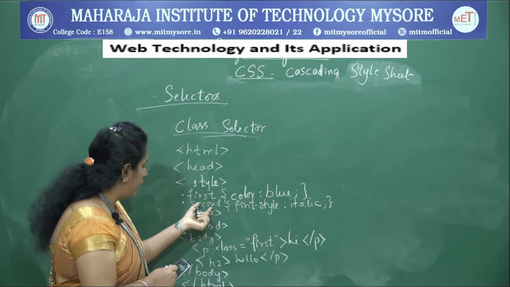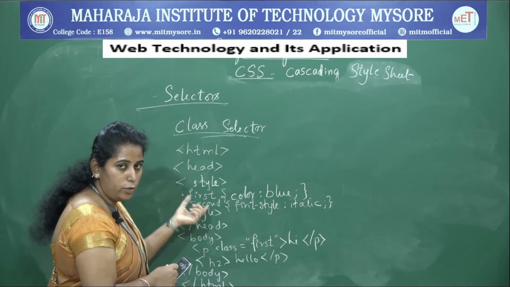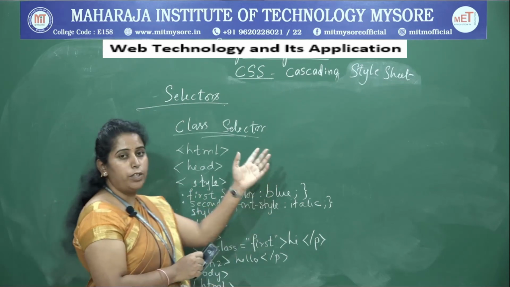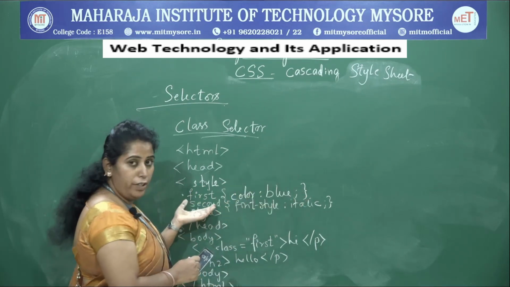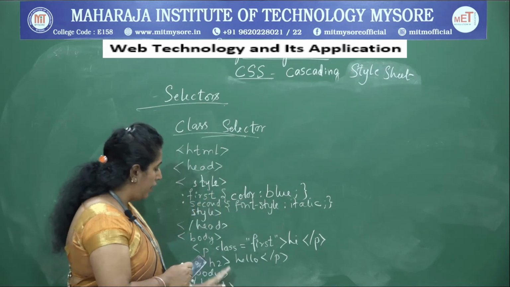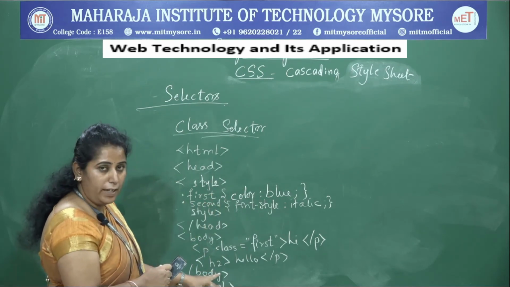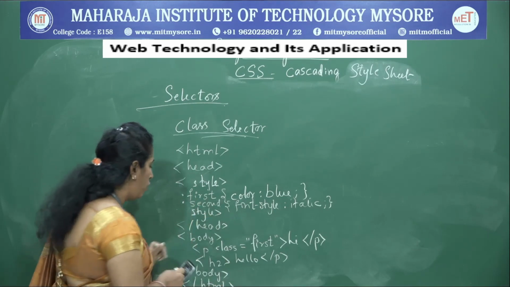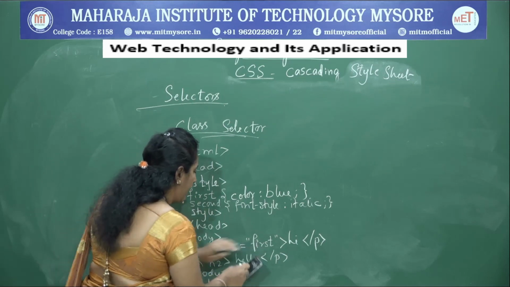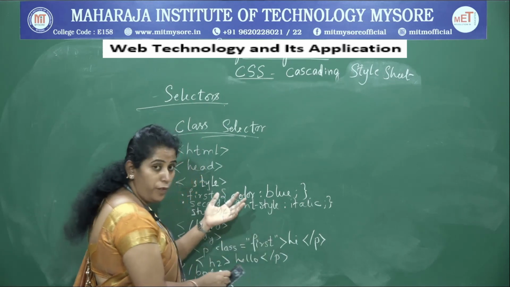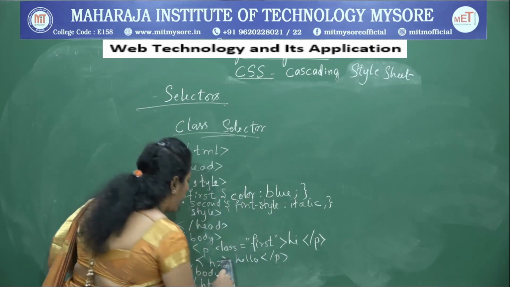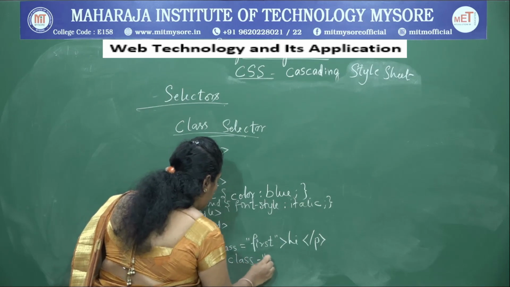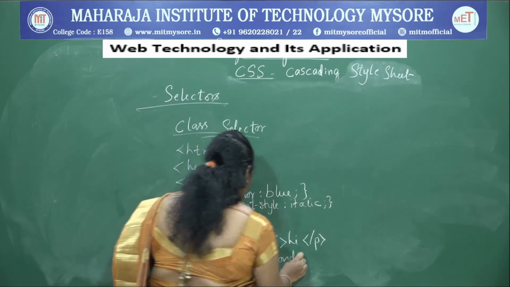If I have declared a second class called second, once you run this program, the output remains same. Even though you have defined this next one, it has not been embedded to any tag. So that's why the output remains same. So what I can do, either I can replace first with second, so finally you will get a different output, or I can do it this way, class equals second.